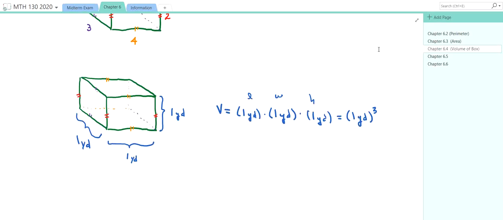Okay, now we know that 1 yard equals 3 feet. So there's 3 feet in a yard. That's the length of a yardstick. So let's do this with thin lines here.